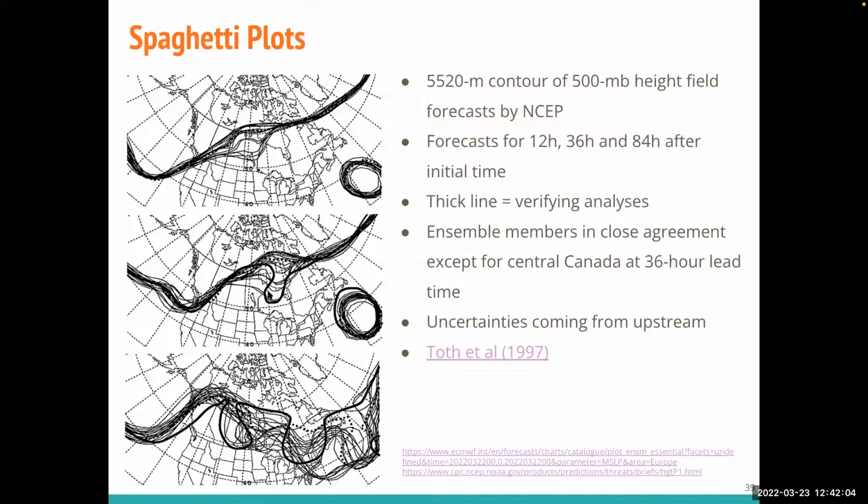And then after a while, you can see that your model is not getting a good result for this feature. It's not giving you this feature, right? This is for comparison. This is coming from the observation. We don't call this observation, we call this analysis, verifying analysis, because it's a combination of different things.